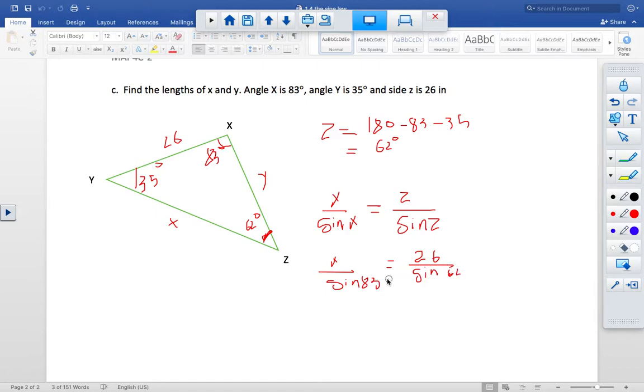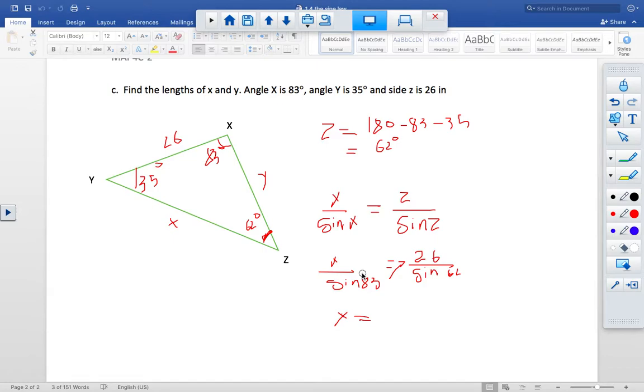Okay, remember the rule, you just cross multiply. So it will be x equals, I'm not going to write that, I'm just going to say it and you guys can write it because I'm having a problem writing here. So it's 26 times sine 83 divided by sine 62.